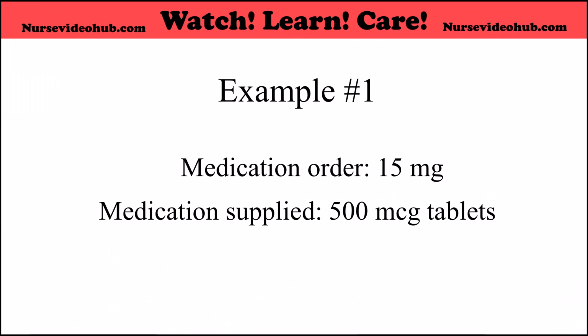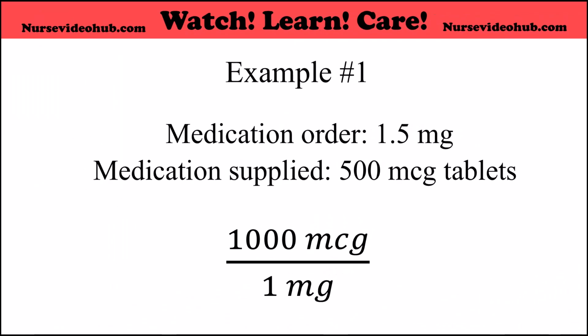Let's try an example. The order is 1.5 milligrams, but the tablets supplied are 500 micrograms. First, identify the units to be converted. The unit ordered is milligrams. You need to change the milligrams to micrograms because the medication is available in micrograms. The second step is to find the conversion factor between the given units and the desired units and write it as an equation.